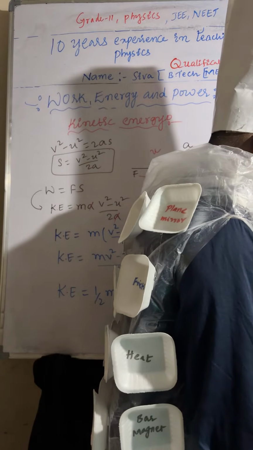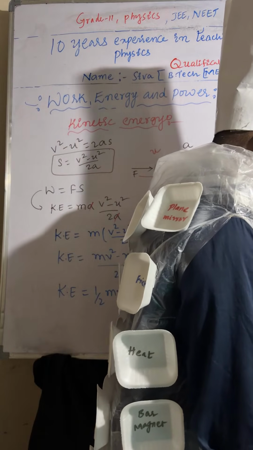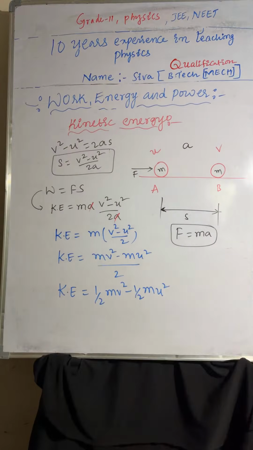I hope it is very clear. Understood or not? Check once here. Kinetic energy is the energy possessed by the body by virtue of its motion. The body moves from position A to final position B. Newton's second law, F equals ma.